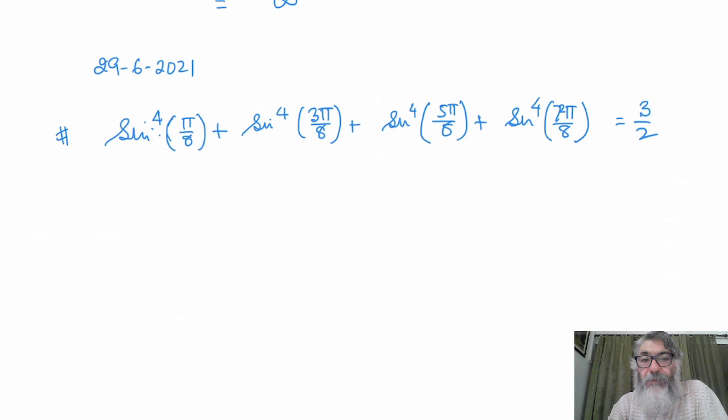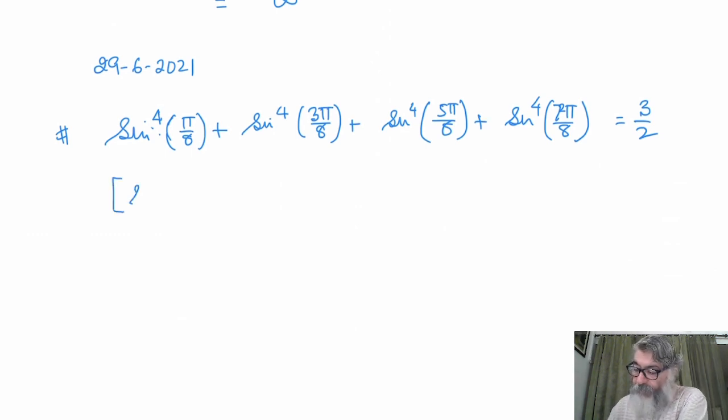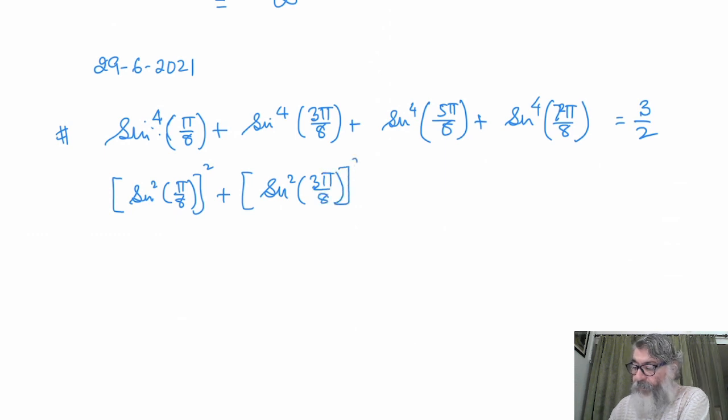So we are going to start with the left hand side, and what we can do is write this as sine square pi by 8 to the power 2 plus sine square 3 pi by 8 to the power 2 plus sine square 5 pi by 8 to the power 2 plus sine square 7 pi by 8 to the power 2.